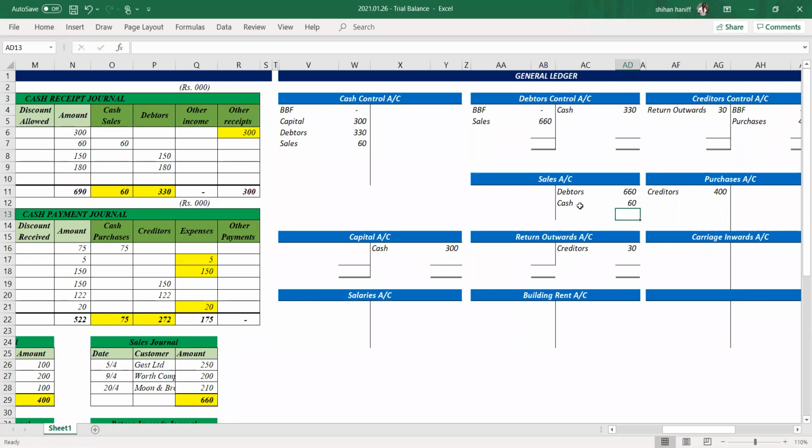Then if we check the cash payments, there is 5,000 carriage inwards: cash account credit, carriage inwards account debit 5,000.